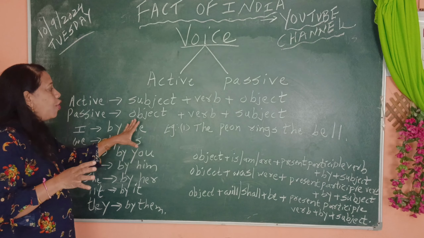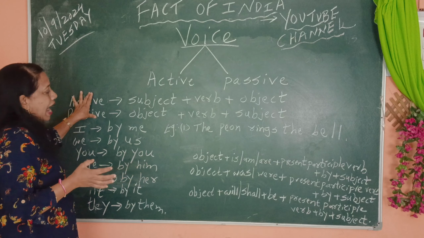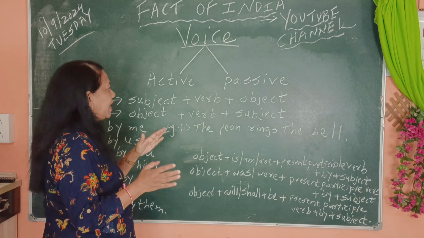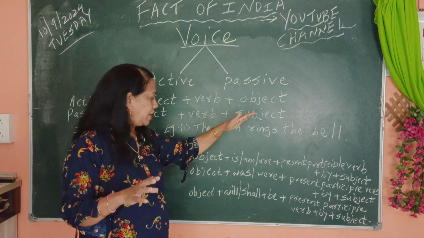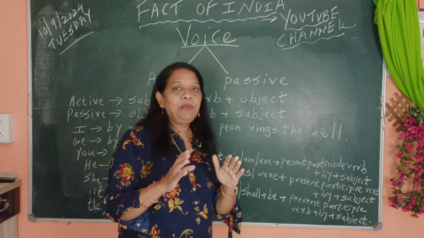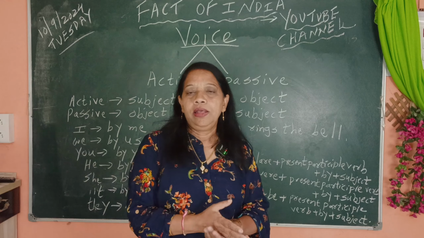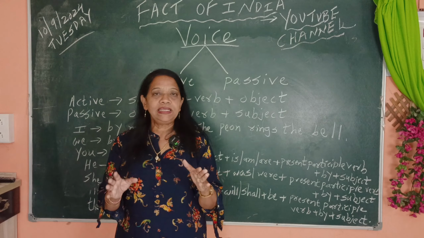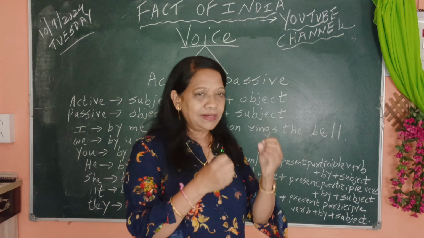Now we should keep in mind the tenses also while turning into passive. If we have to turn a simple present tense sentence into passive construction, first comes the object, and after that we have to use is, am or are, according to the subject.